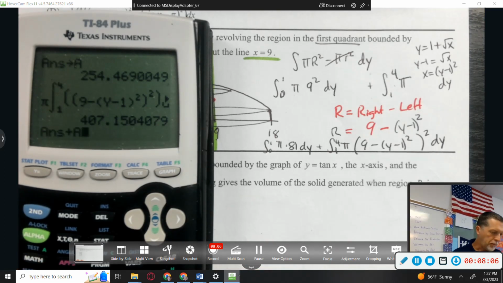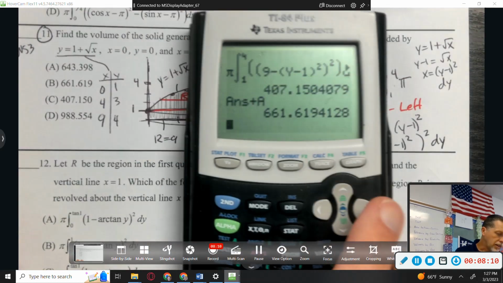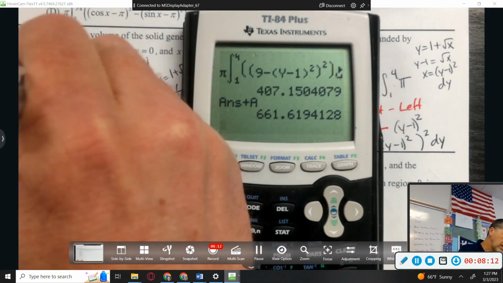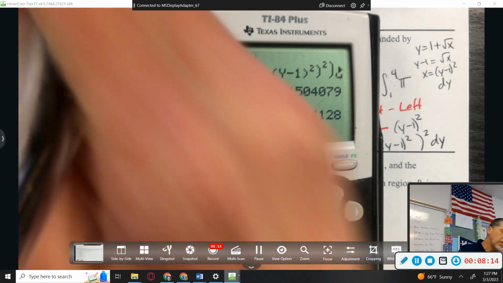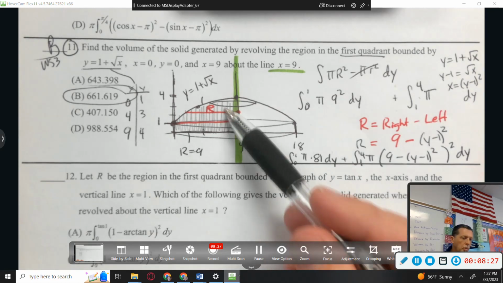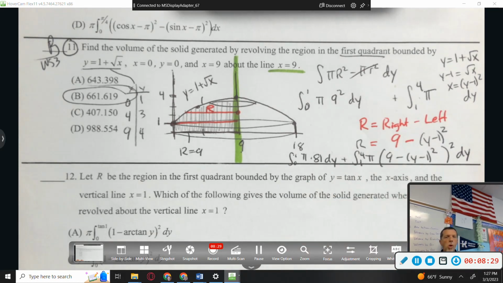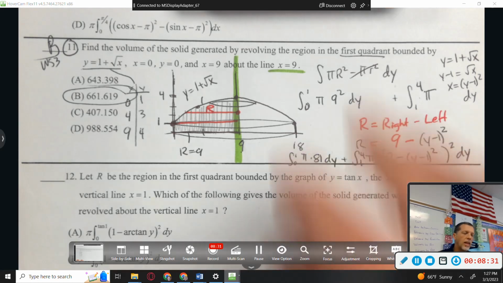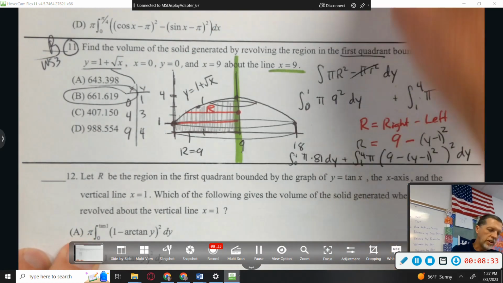Plus the other area, 661.619. It's on there, so I feel good about that answer. That's a tricky one we haven't seen yet, where you have to divide it into 2 pieces, because the big R was different for the top piece and the bottom piece.